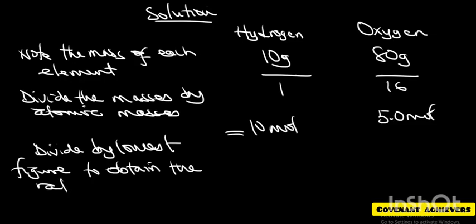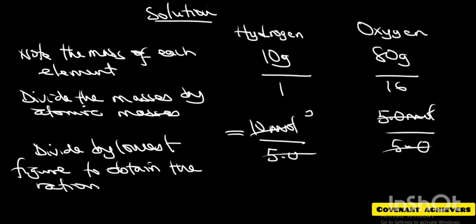You obtain the ratio, and this is going to be over 10, and here also over 10. The smallest is 5.0, and this is 5.0, and from there we could see that 5 goes into 10 twice, 5 goes into 5 once.